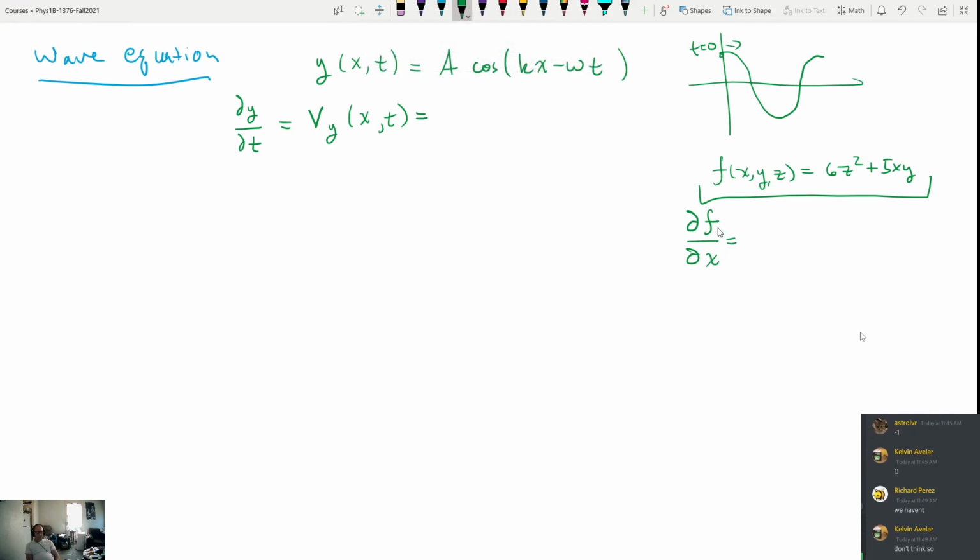What this tells us to do is to differentiate the function only with respect to the variable x, and you treat all other variables as constants. So for the first term right here, you treat z as a constant when we take the x derivative, because after all, there are no x's in this term. So the derivative with respect to x is going to be 0.